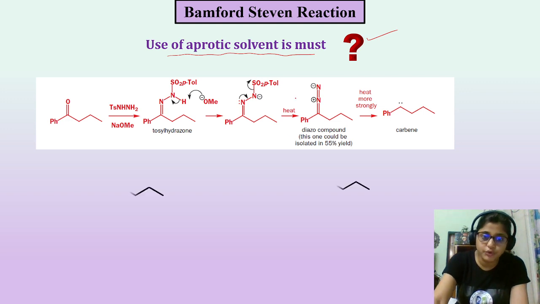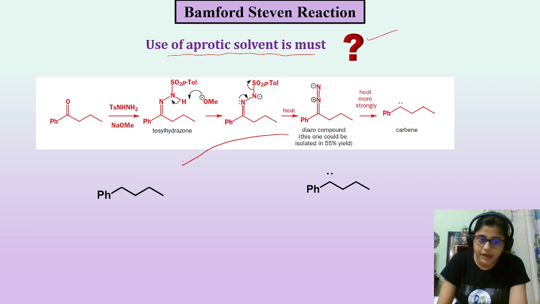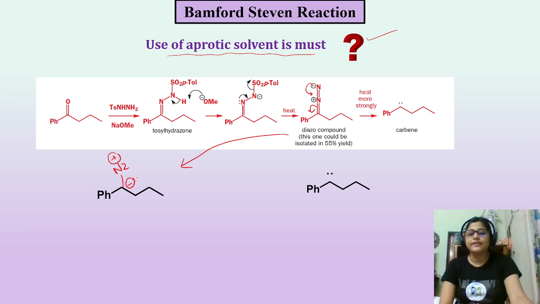I have shown you the intermediate, right? From here, this will be pushed to this and this will be the negative. So this will be N2 plus and negative. This will be one of the intermediates, and then this N2 will be removed and carbene will be formed.